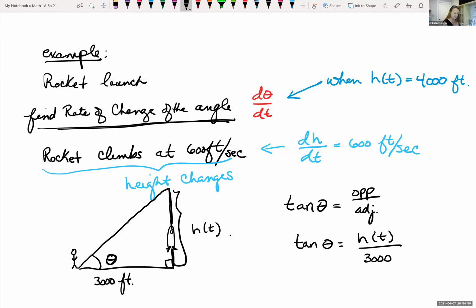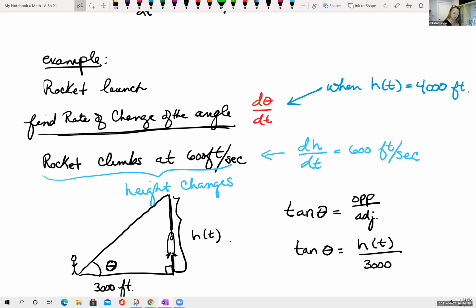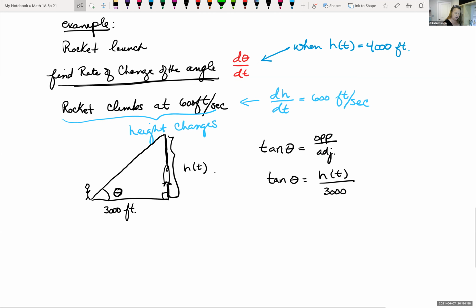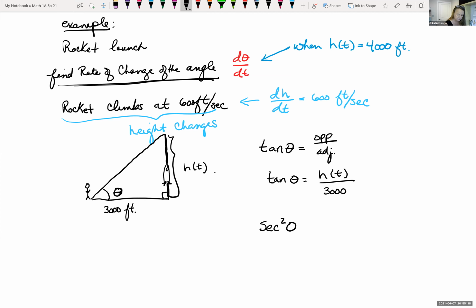So we want to use implicit differentiation here. We just tied our formulas together, what we know. Let's take the derivative on both sides. Looking at the derivative of tangent theta, remember theta is changing with time, so we have to use implicit differentiation, the chain rule. The derivative of tangent is secant squared theta times d theta dt, the rate of change of that angle at time t.